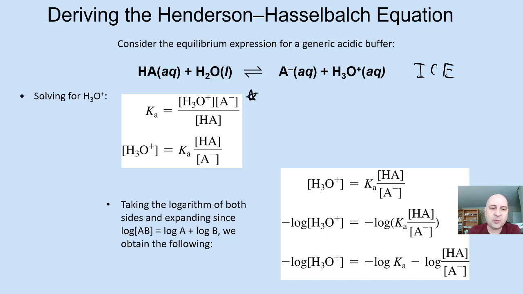Of course, the Ka equals concentrations of products over reactants, and if you solve for the concentration of hydronium, you end up with this expression, which is the Ka times the acid over conjugate base concentration. If you take the negative log of both sides, you end up with the Henderson-Hasselbalch equation. Not all that important, just thought I'd throw this at you.